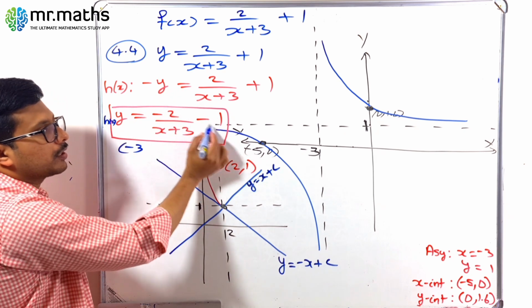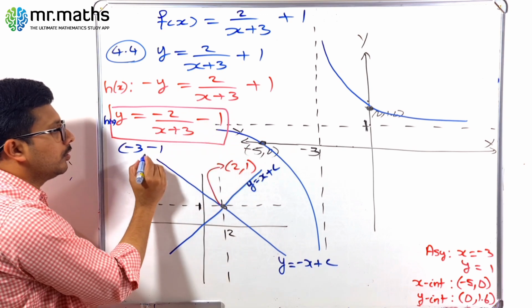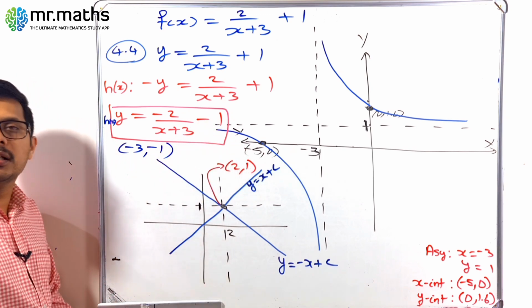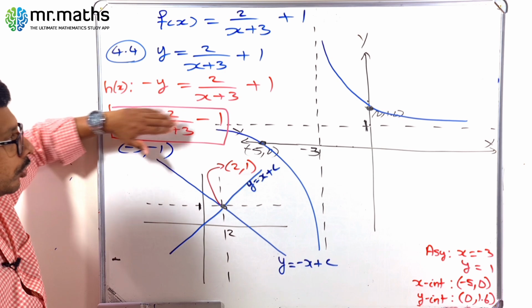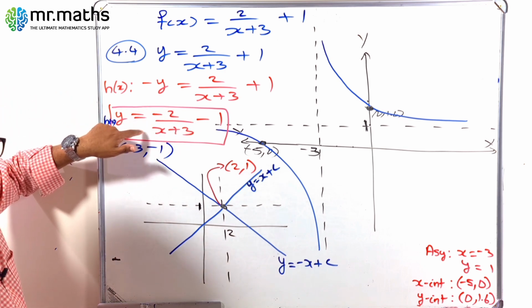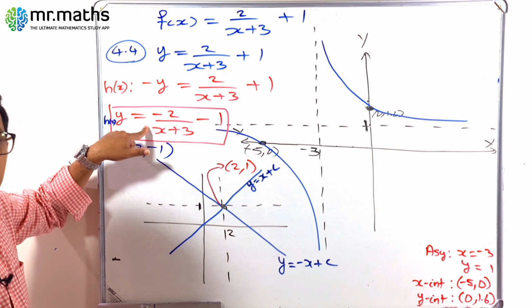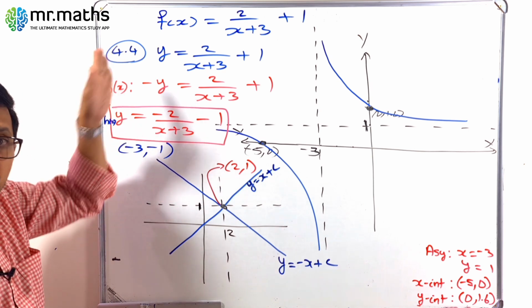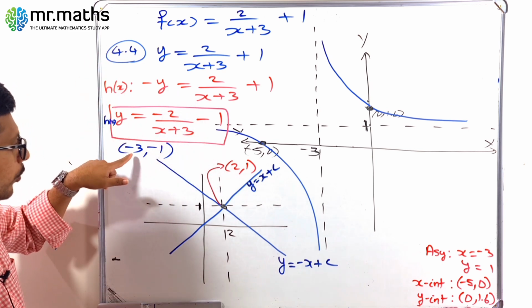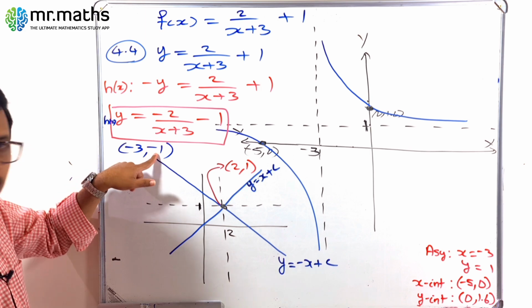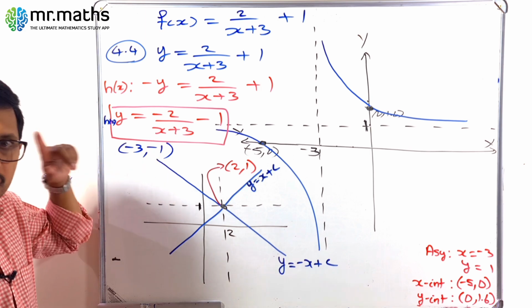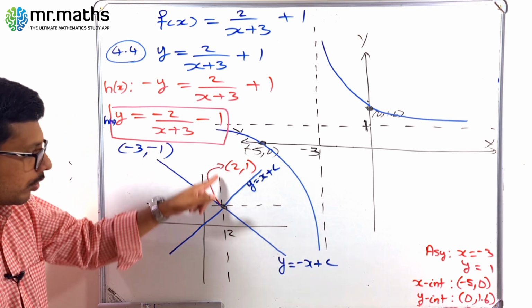Then this one is minus 1 as it is, so it means that on this h of x graph, the asymptotes pass through the point minus 3 comma minus 1. I'm talking about the asymptote, this dotted line.